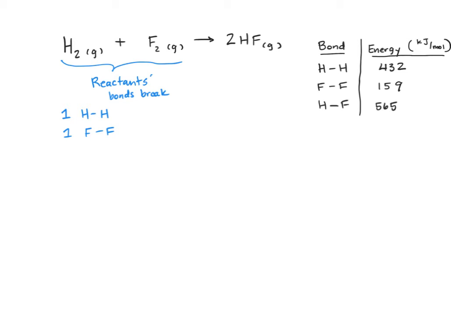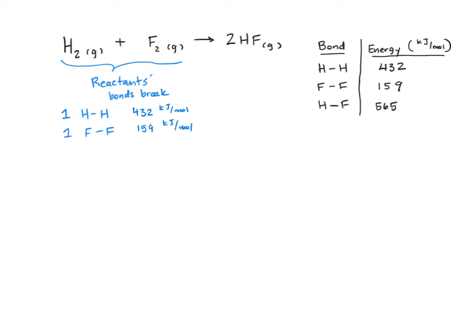According to the chart over at the right, the amount of energy required to break a hydrogen-hydrogen single bond is 432 kilojoules per mole. And the bond energy for a fluorine-fluorine single bond is 159 kilojoules per mole.